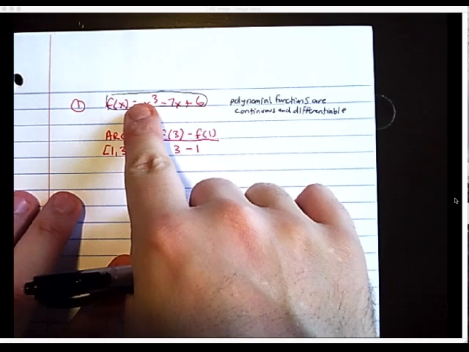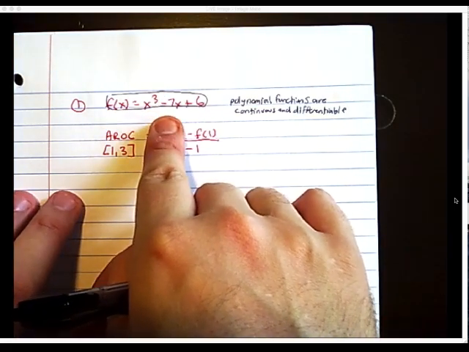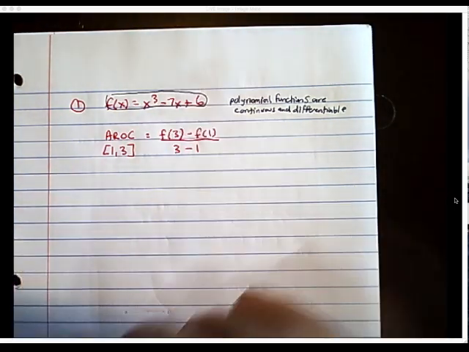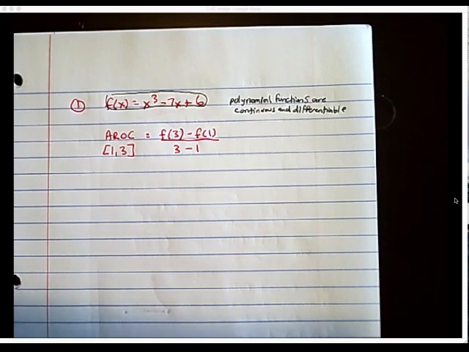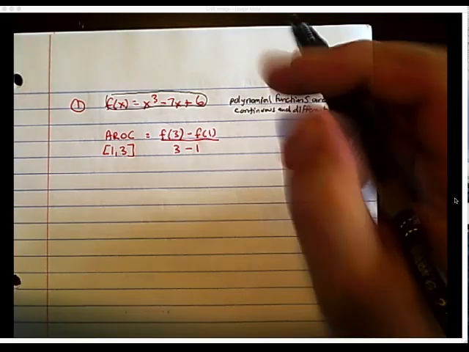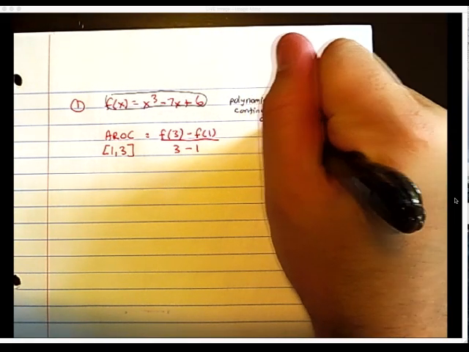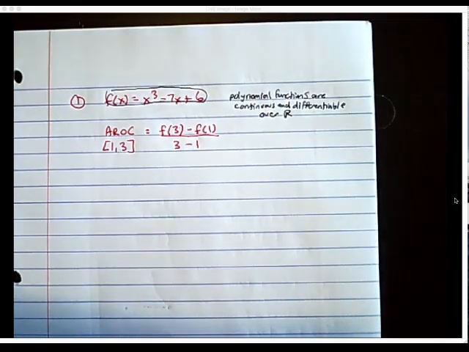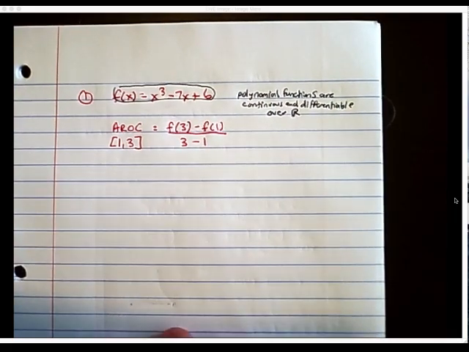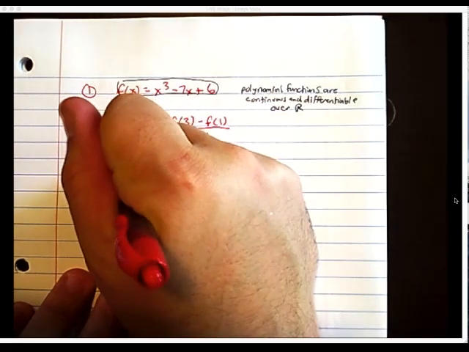Because if I take the derivative of that, it's going to be continuous everywhere too, which means that the original has to be differentiable over all reals. Okay, so I stated the conditions that we're going to use. Now let's actually figure out the average rate of change.